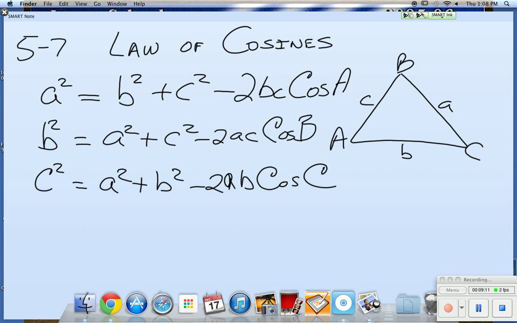It's just switching the letters around depending on what you need.